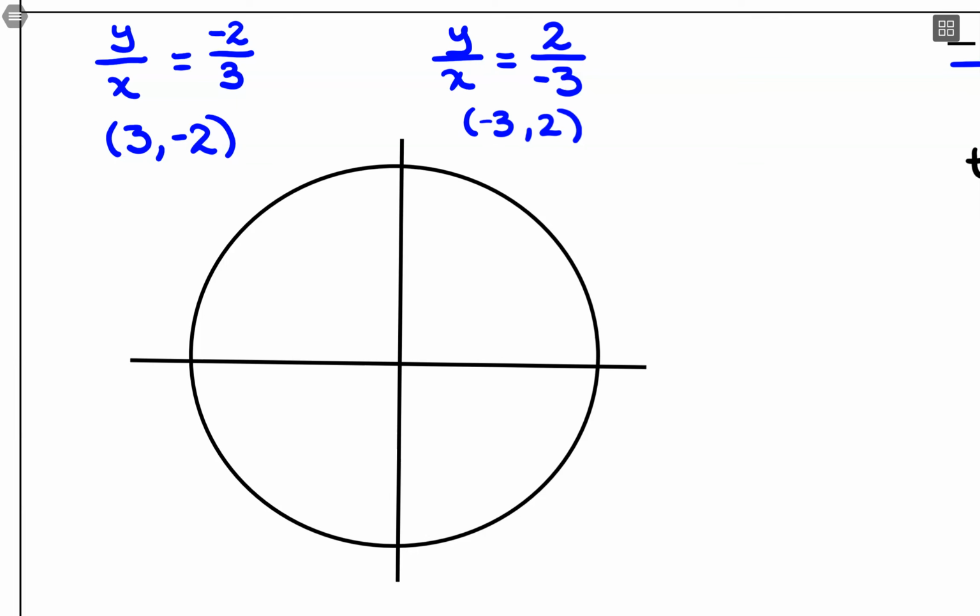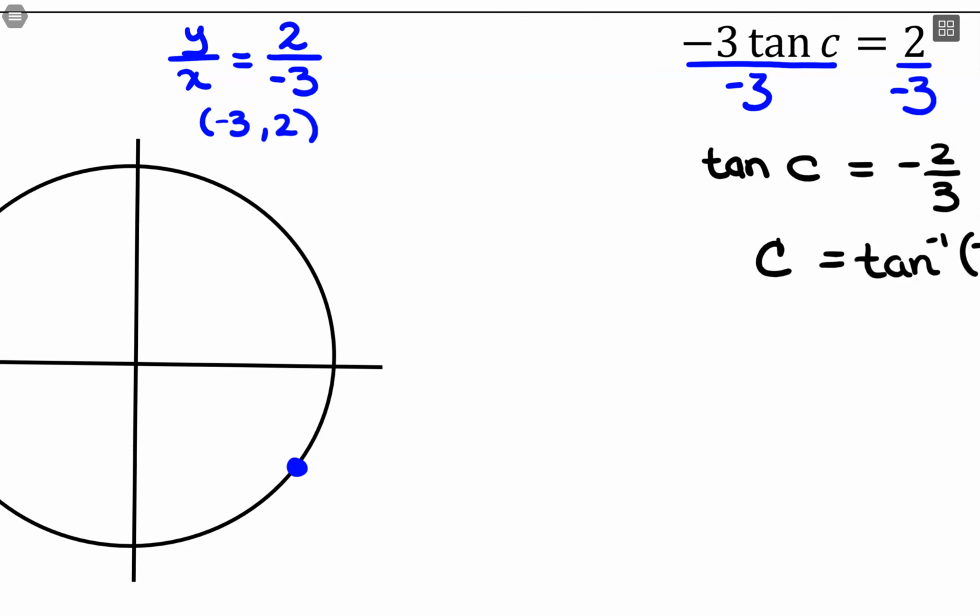So this isn't a unit circle, it's just a circle. But what we're going to do is think of it as whatever our radius is, we don't even know what it is. It's just that we're going to have this -3 and +2 and +3, -2. So just to kind of visualize where these are landing without measuring exactly, it ends up doing this. And this is a property of what happens with tangent.